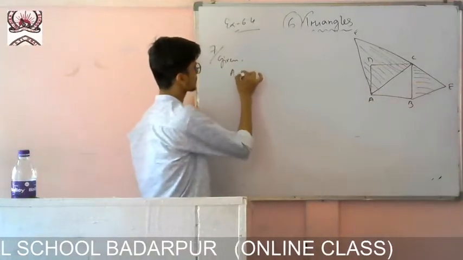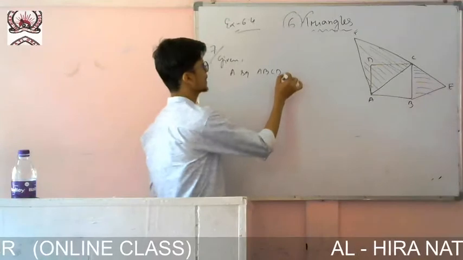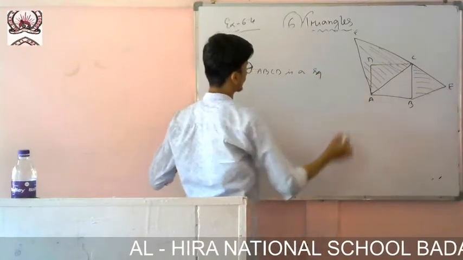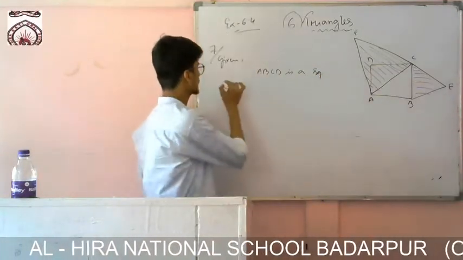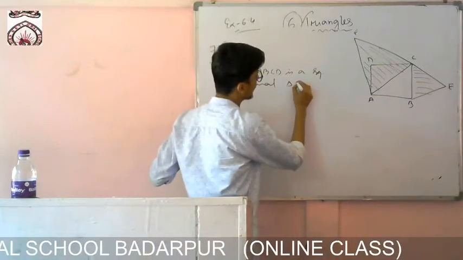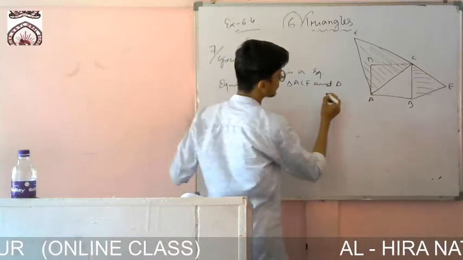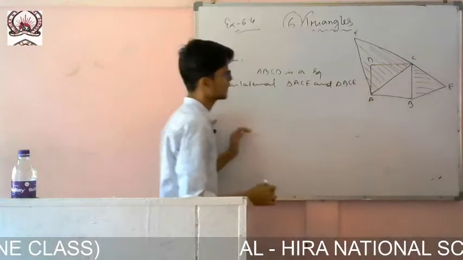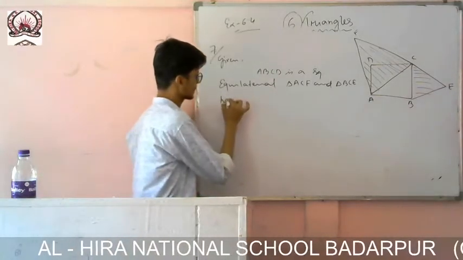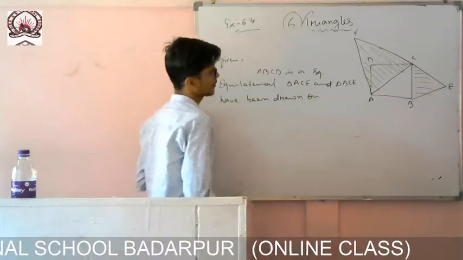So first of all you write like this: given ABCD is a square, and equilateral triangles ACF and BCE have been drawn on, which ones?